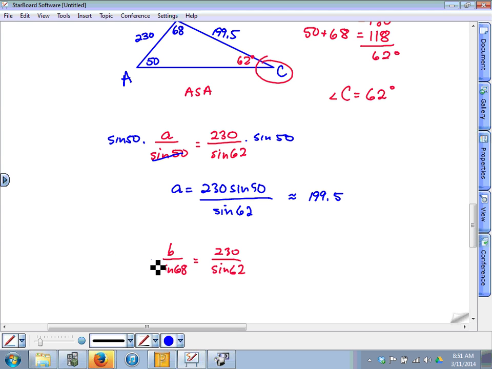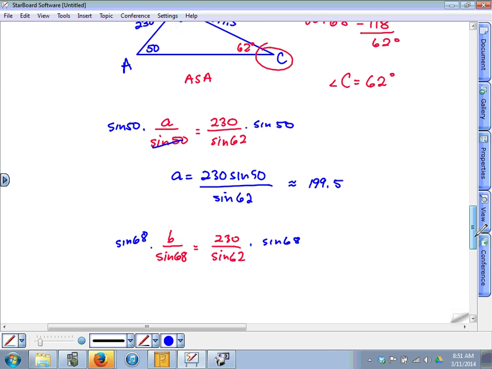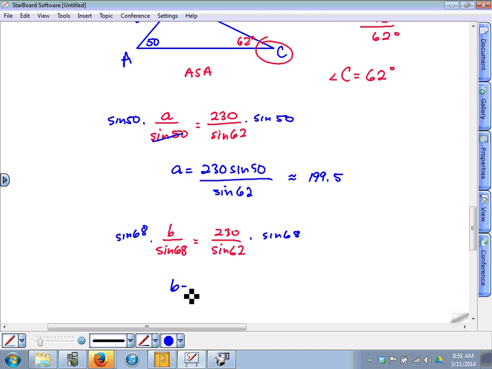Solve this one the same way. Multiply by the sine of 68. 241.5, okay.